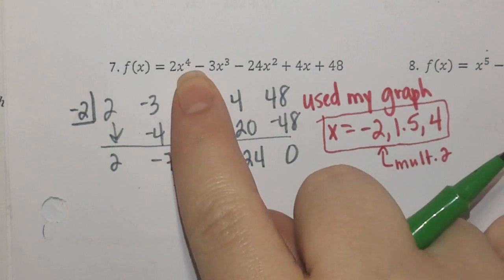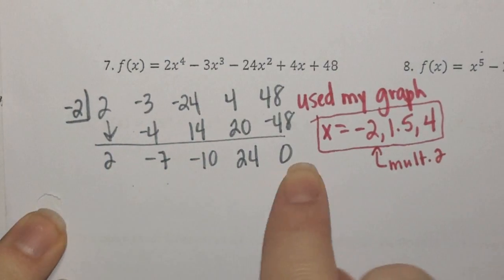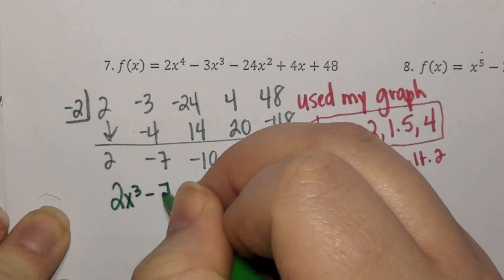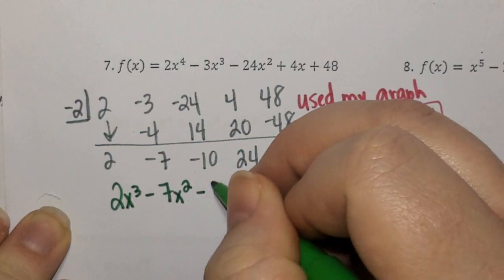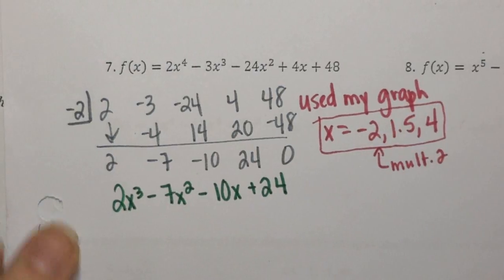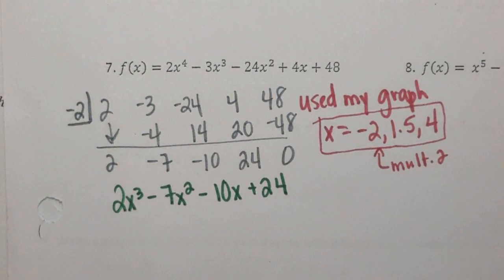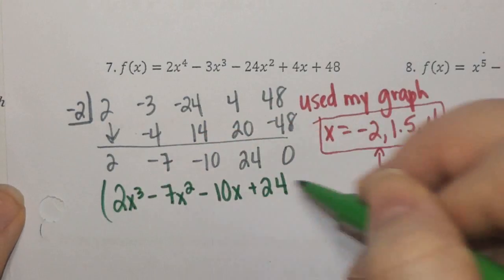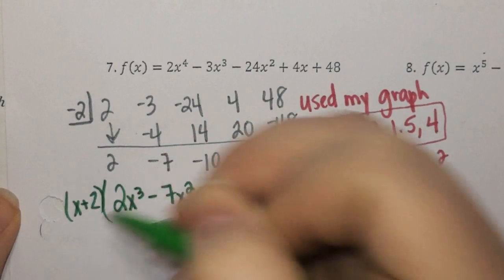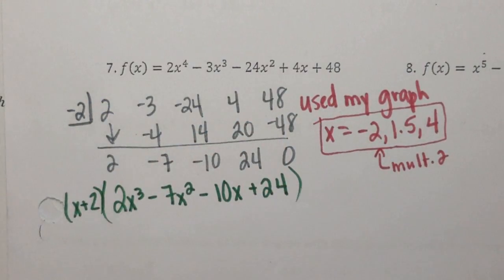Now, since my problem started off degree 4, the solution is starting off degree 3, so 2x to the third minus 7x squared minus 10x plus 24. And again, it's the opposite sign for the other because my solution is negative 2, then my original must have been a plus 2.